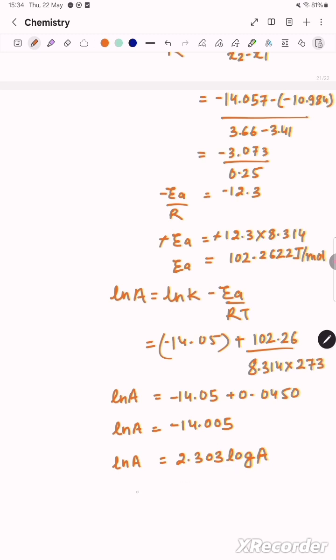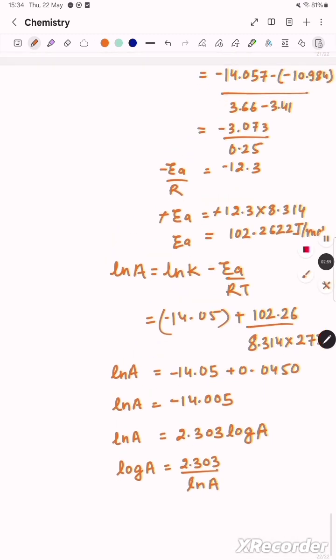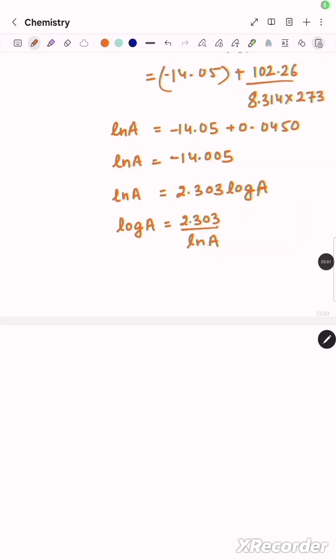So log A will become ln A by 2.303, here the mistake was the division.